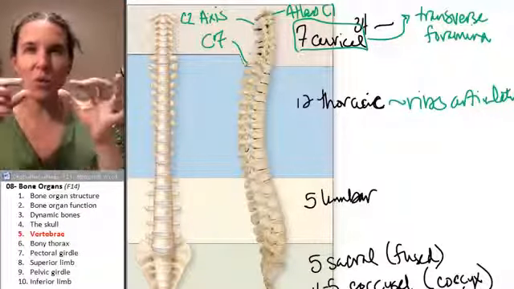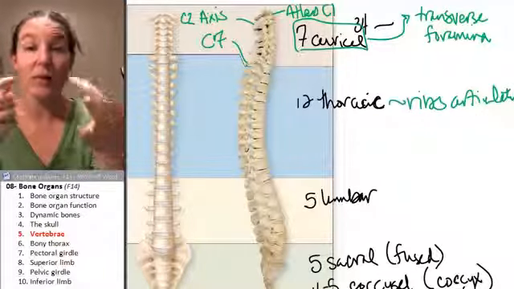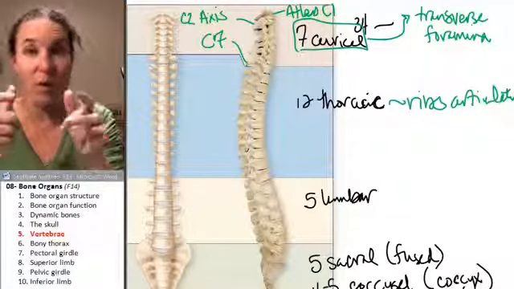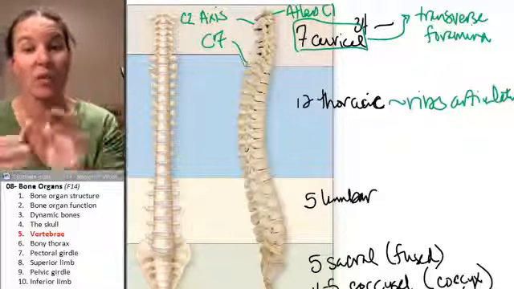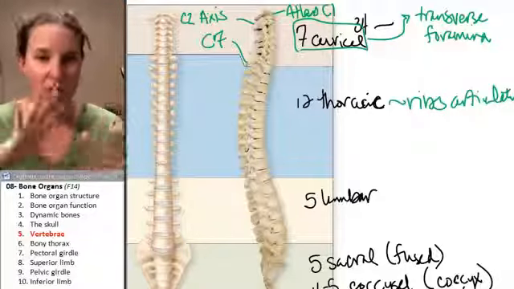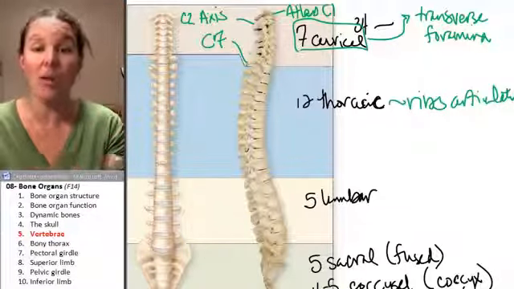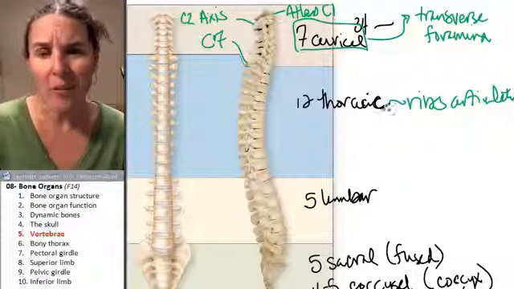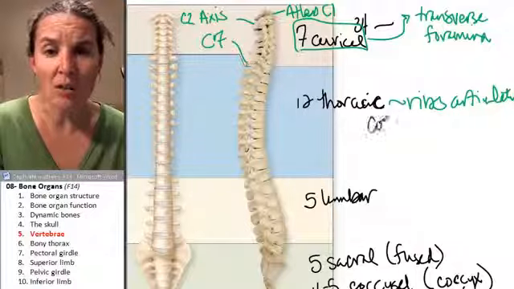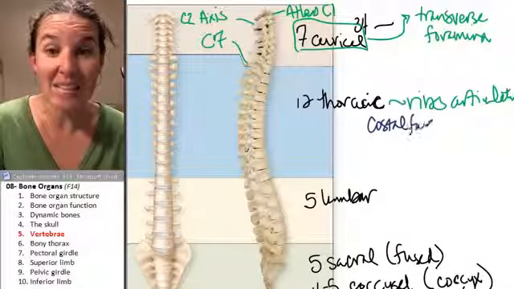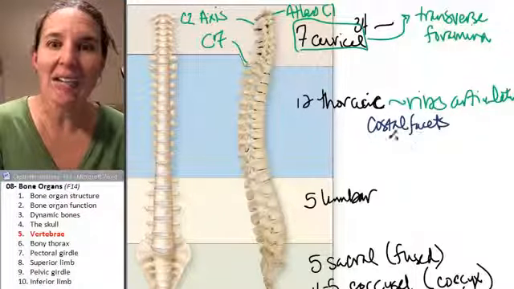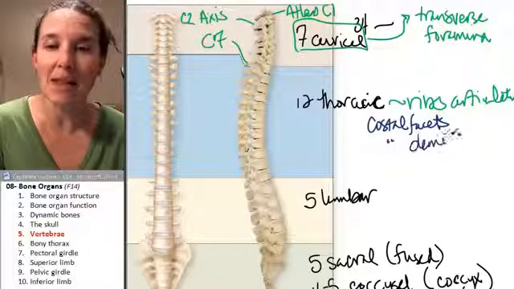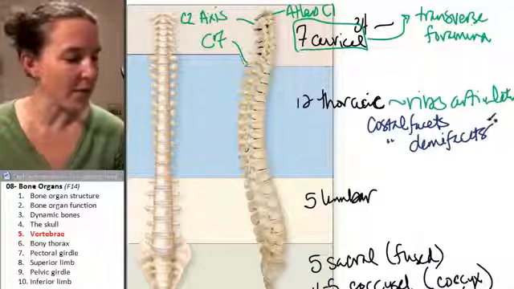But there are actual facets or places, smooth places where the ribs articulate with thoracic vertebrae, and that's one of the ways that you know that you are in thoracic vertebrae. I'm going to write them down. They're costal facets and costal demifacets, and I will tell you the difference.